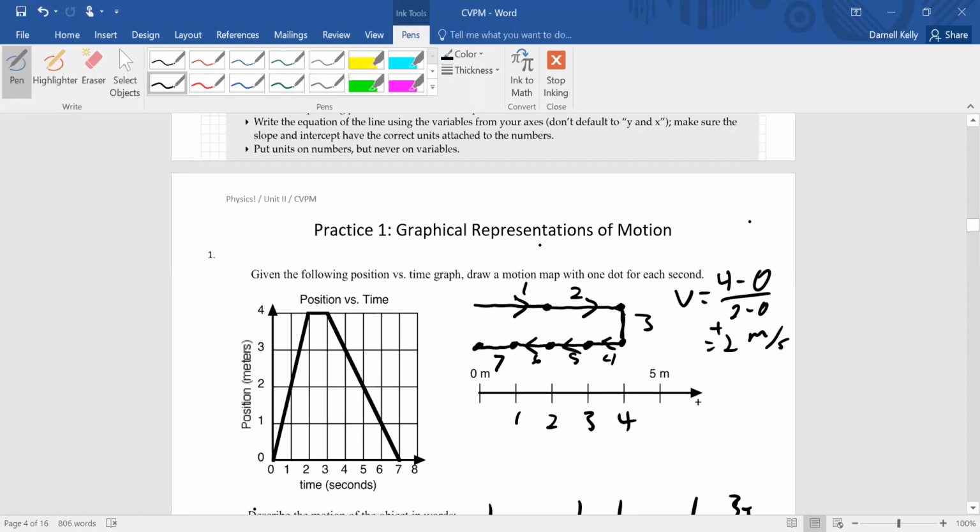Negative 1 meter per second. Perfect. In math, it'd be negative 1, turn your paper in. In physics, negative 1 meter per second, because we're making it real.